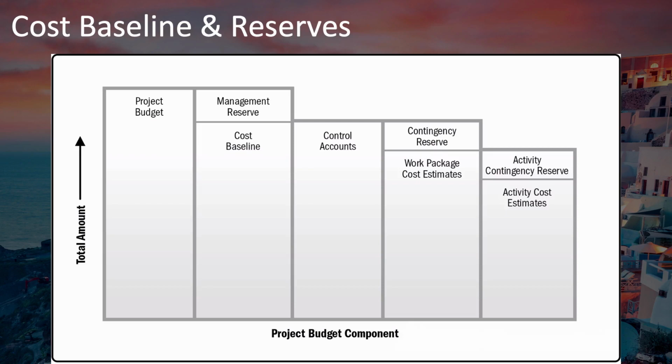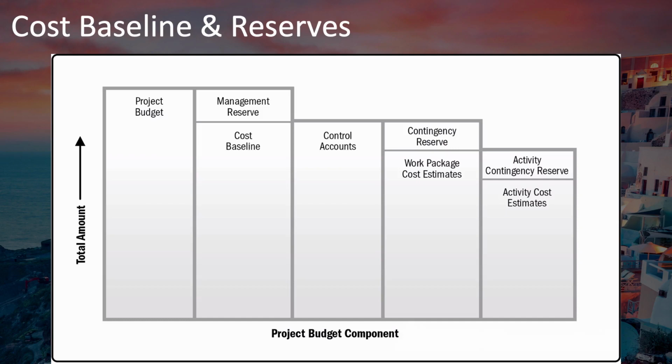Your cost baseline consists of a number of control accounts. These are specific points within your work breakdown structure at which you measure, using earned value analysis, your cost and schedule performance. These control accounts could be organized around phases or key deliverables or anything else that makes sense for your project.